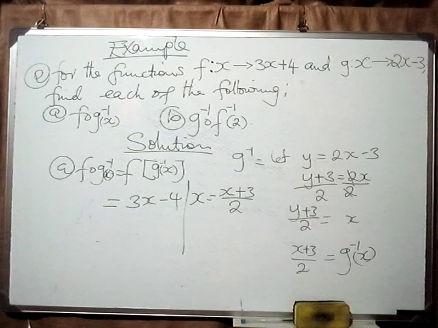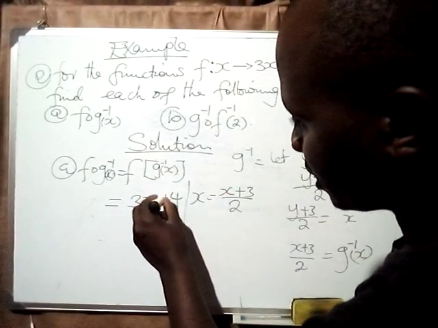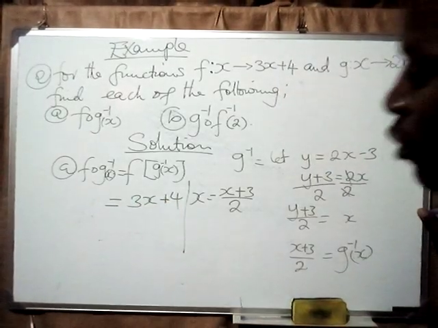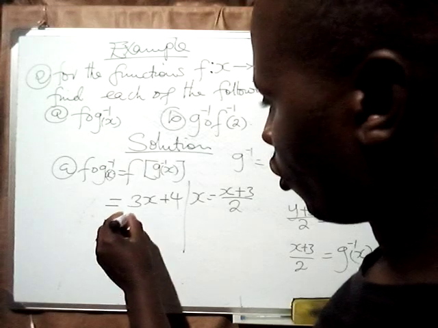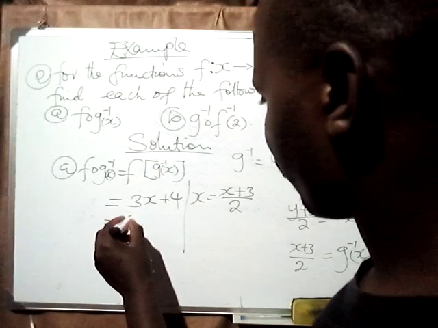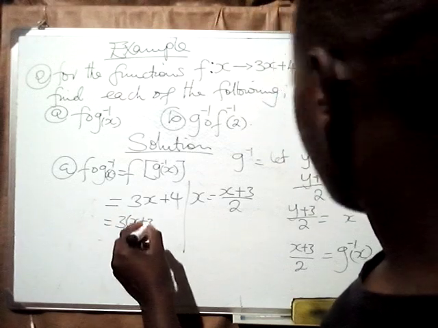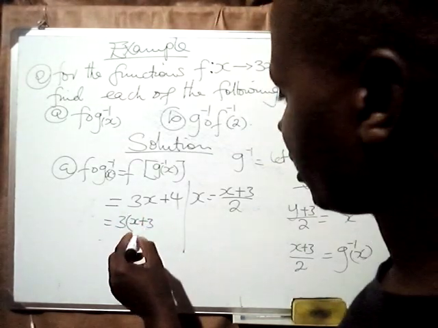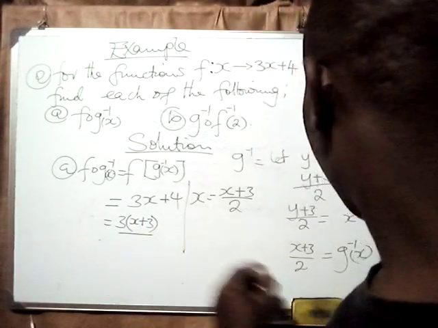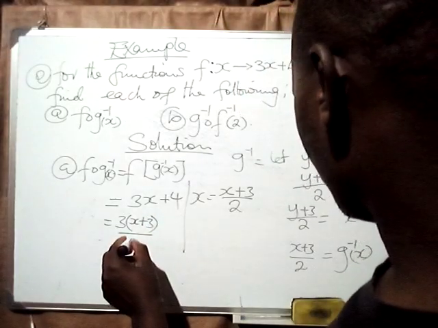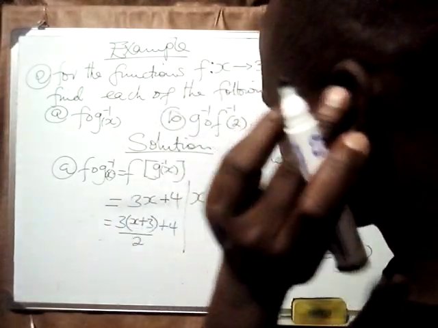So actually it is not minus, but plus. It is 3x plus 4. So this one will be 3, open bracket, we are going to have x plus 3, then we close bracket, then we say over 2, then we have plus 4.